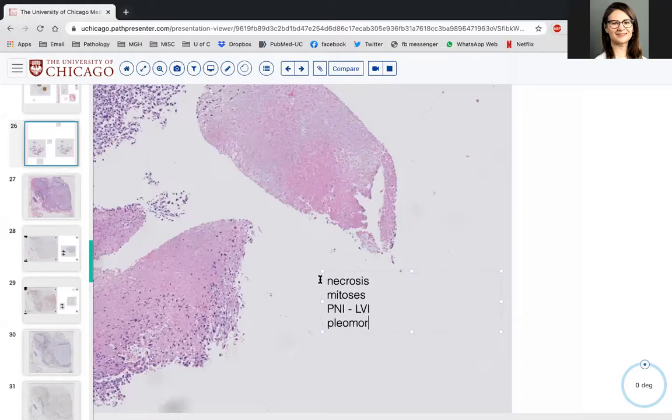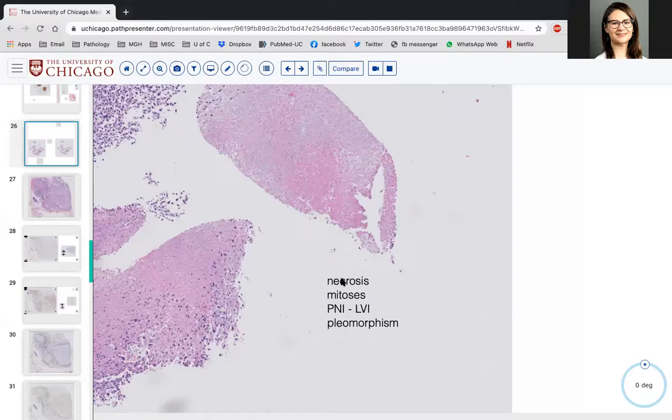So I would argue that these features, when you see them, be very cautious. Things like perineural, you can see in other low-grade carcinomas, especially like polymorphous, right?